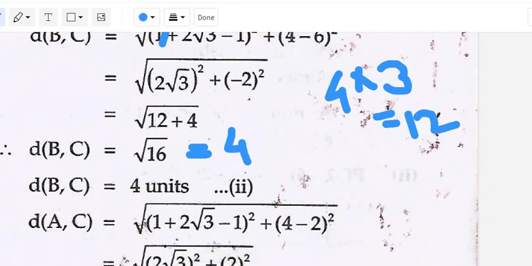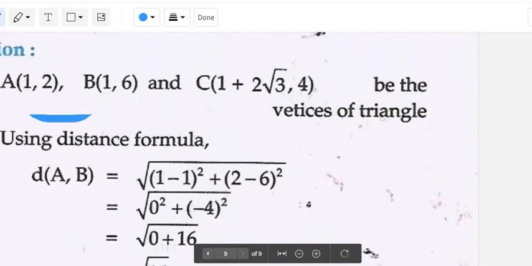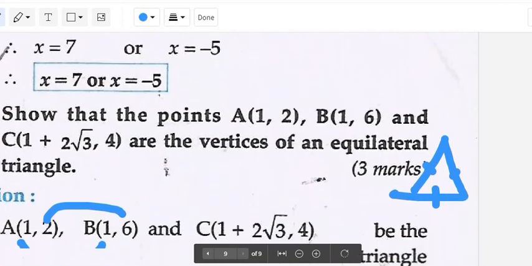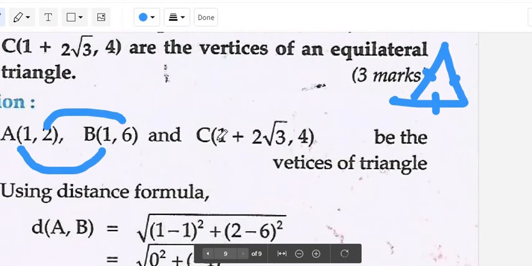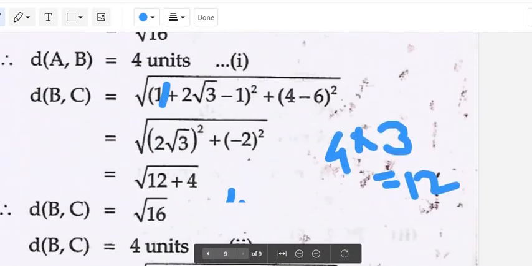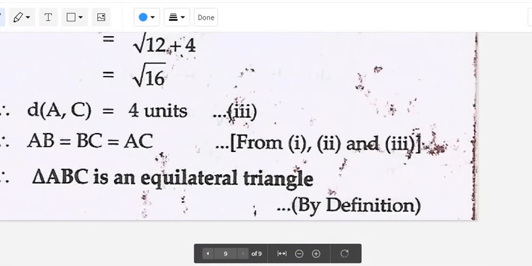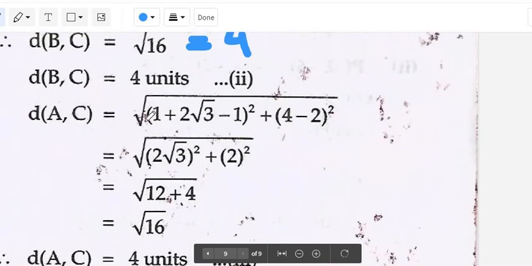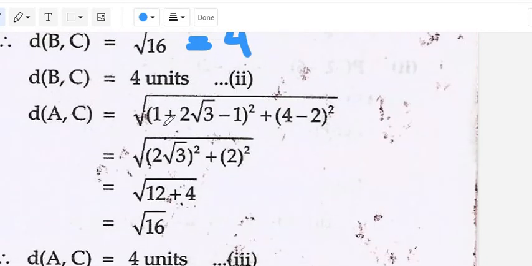Now we have to find out AC. AC is under root (1 plus 2 root 3 minus 1)² plus (4 minus 2)². Now plus 1 minus 1 gets cancelled, we get (2 root 3)² plus 2 squared.